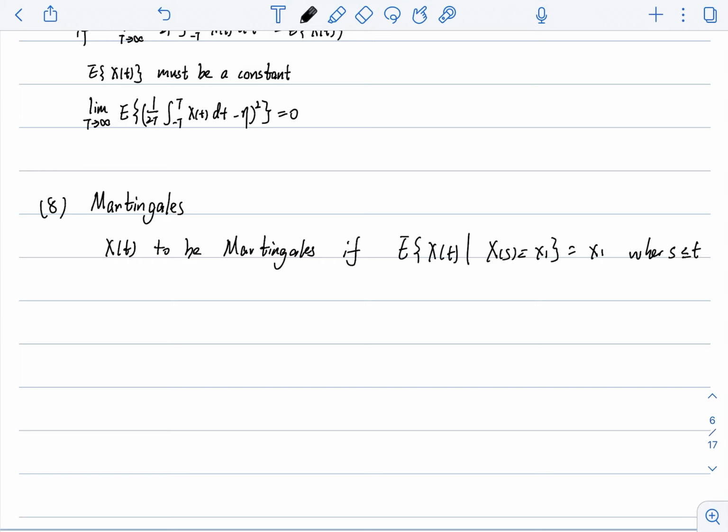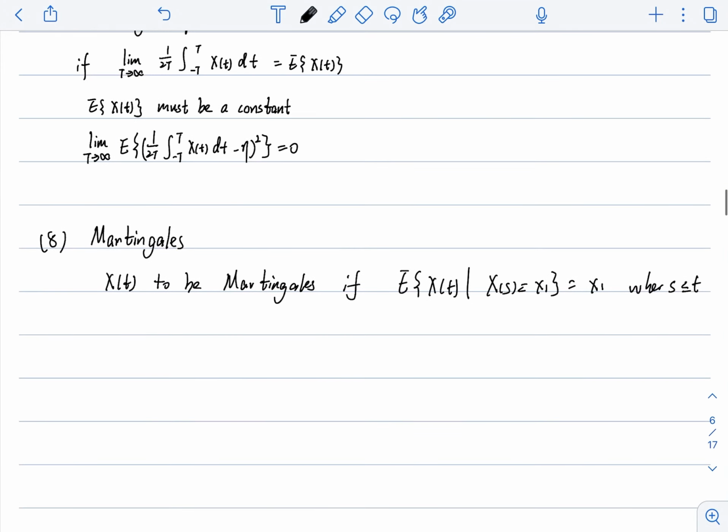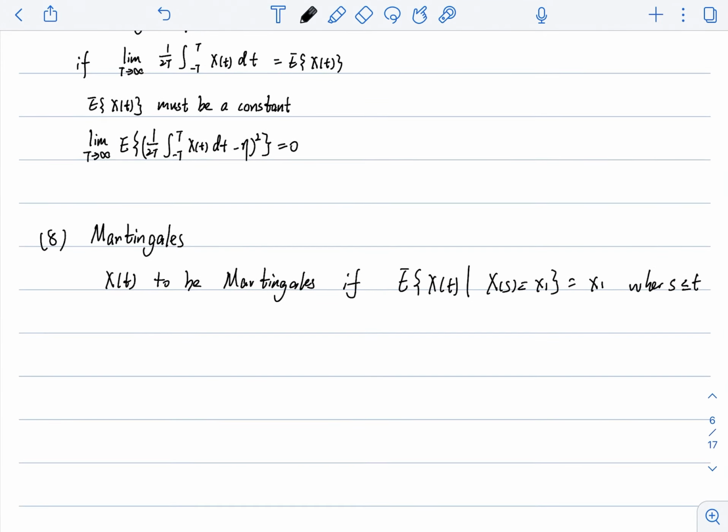The conditional mean equals the condition. And this is the definition of the martingale.